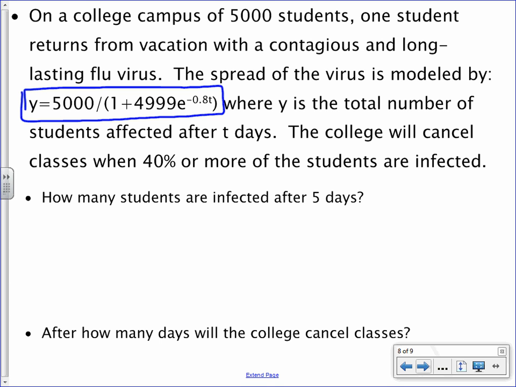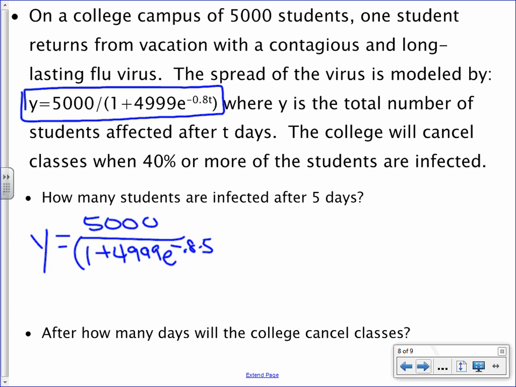Anyway. First of all, how many students are infected after 5 days? What are you going to do? Plug in 5. Please do that in your calculator. Now, when you are doing that, notice how your denominator has more than one term. So, you may need to put it in parentheses if you don't use your fraction button.